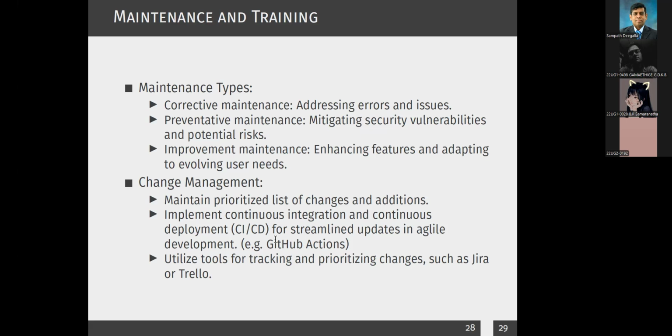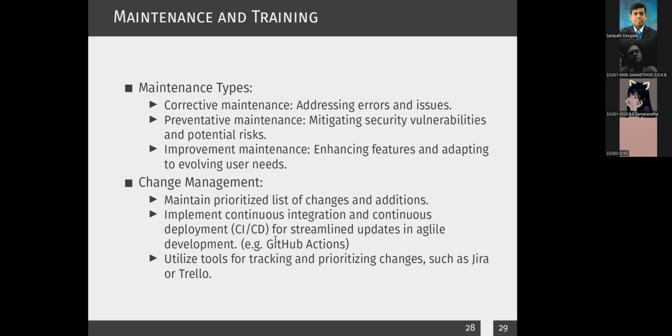In some applications, you cannot have any issues once you develop a system. So this is called preventive maintenance, especially mitigating security vulnerabilities and potential risk. Then improvement maintenance, which means enhancing features and adapting to evolved user needs.